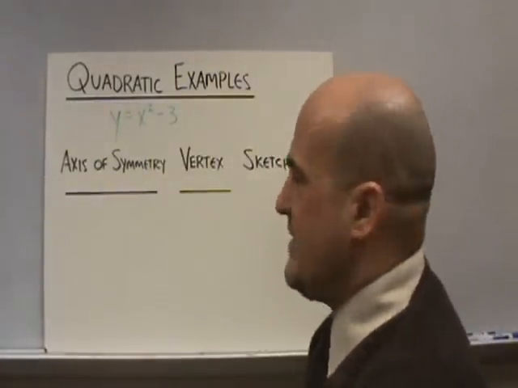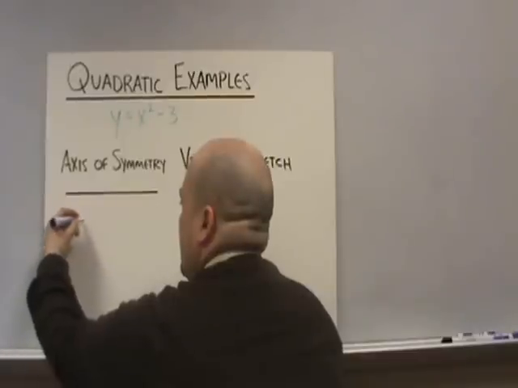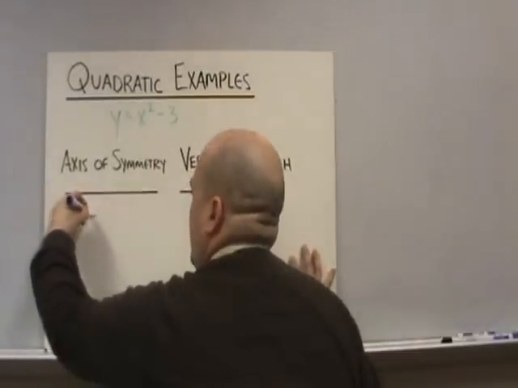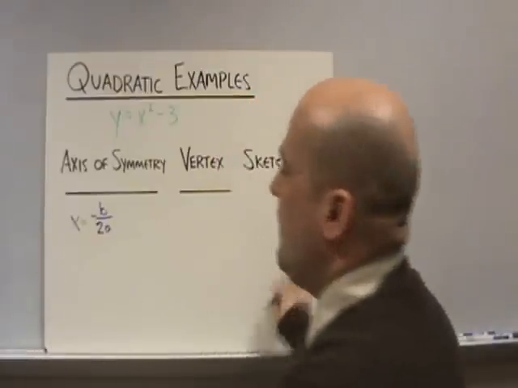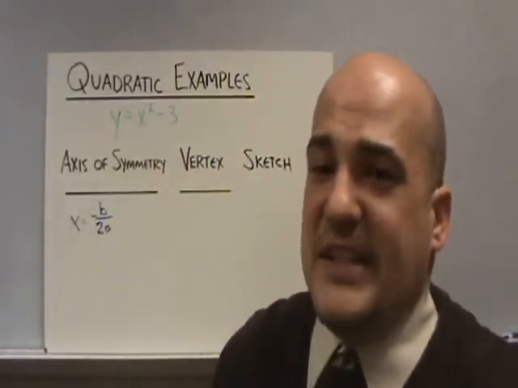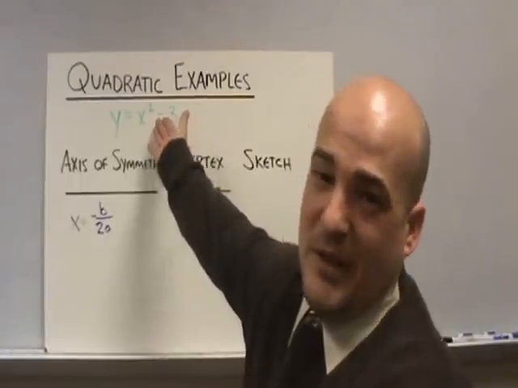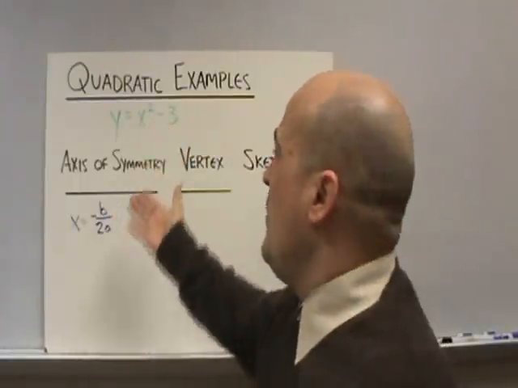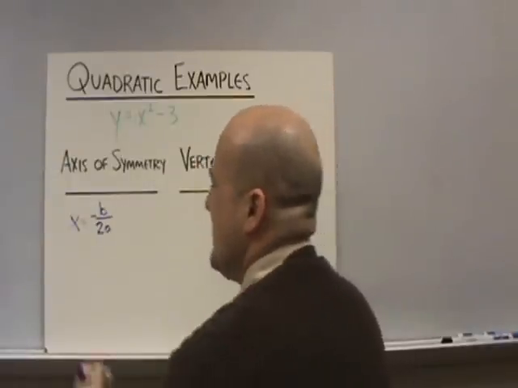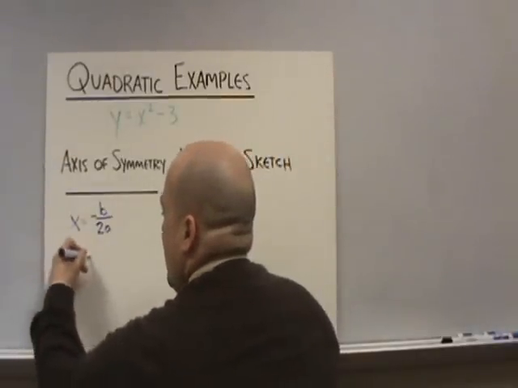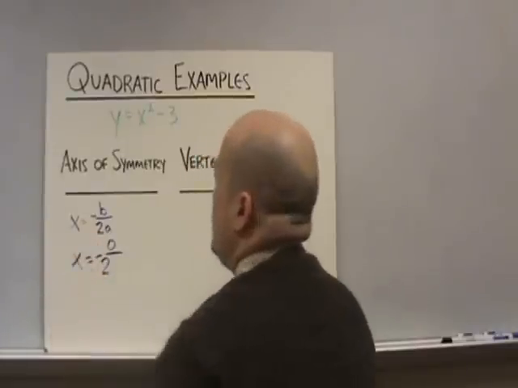When we look for our axis of symmetry, we still use the same equation as always. X equals negative b over 2a. In this case, there is no b term. There is nothing there, so we know that really it's 0. If there's nothing there, then it must be 0. So x equals negative 0 over 2 times a.